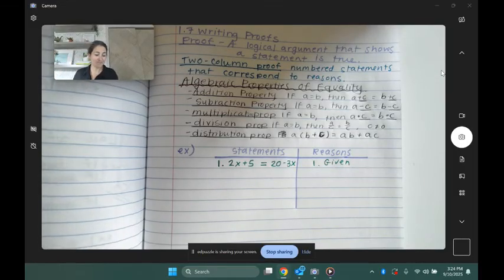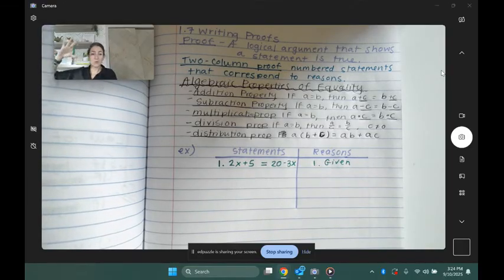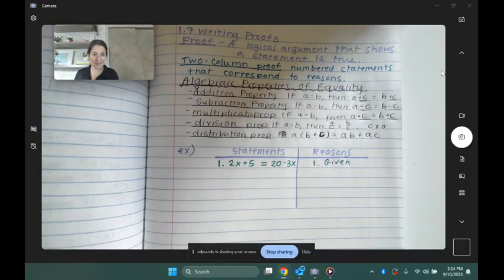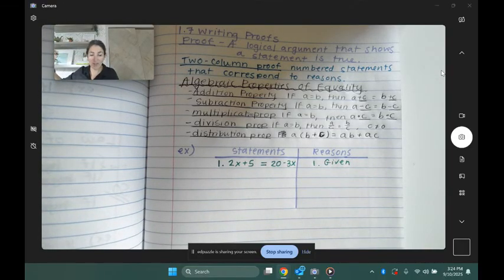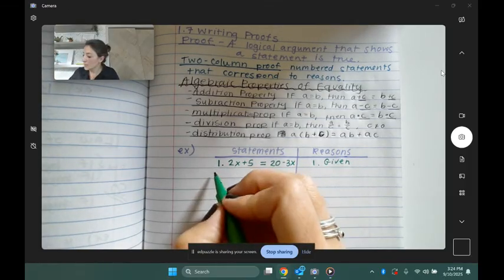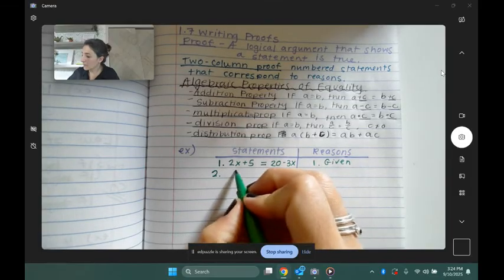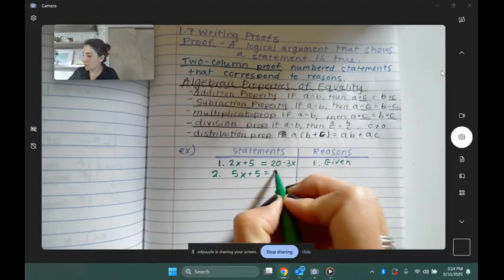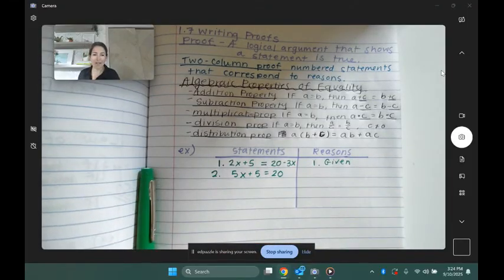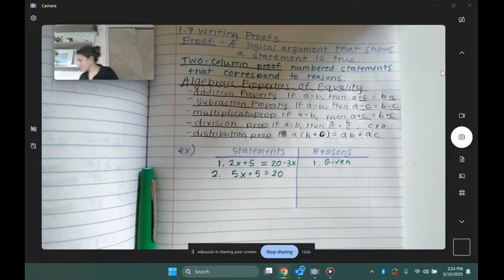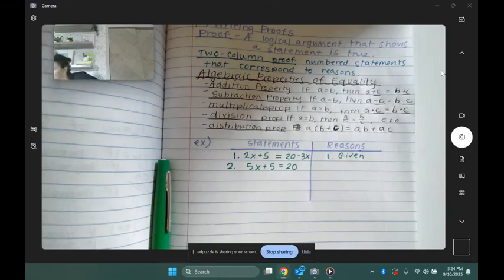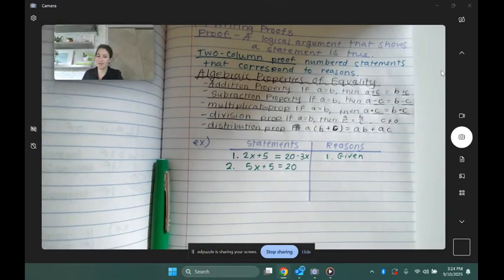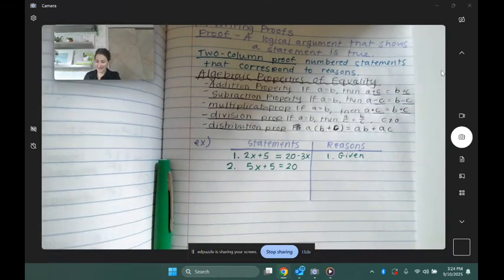Now, I am going to manipulate this equation to get to a conclusion. Step number 2: 5x plus 5 equals 20. Take a moment, see if you can see what I did. I added 3x to both sides.